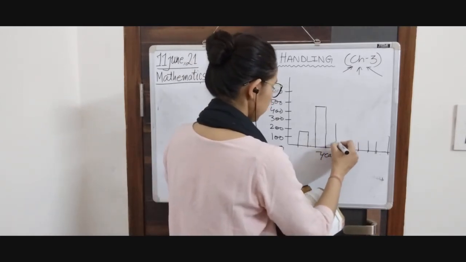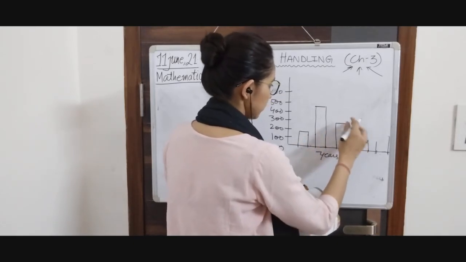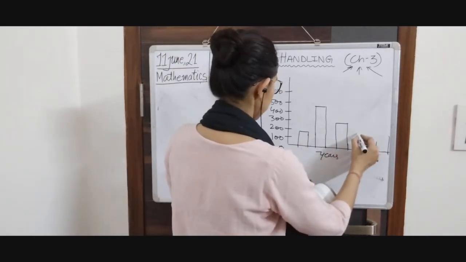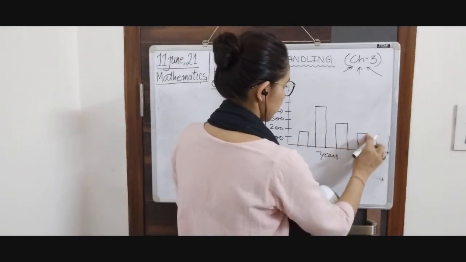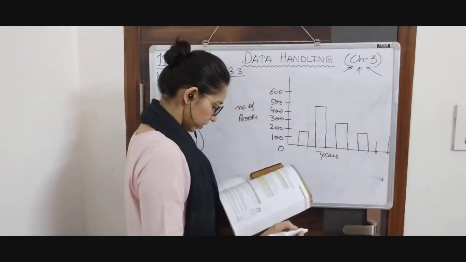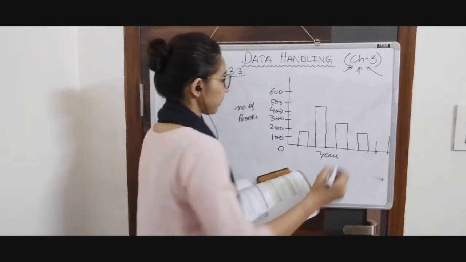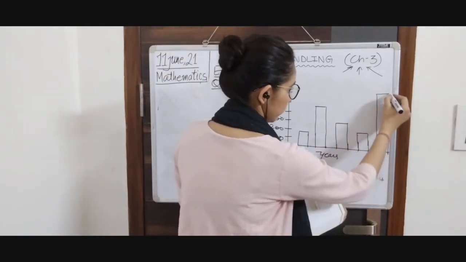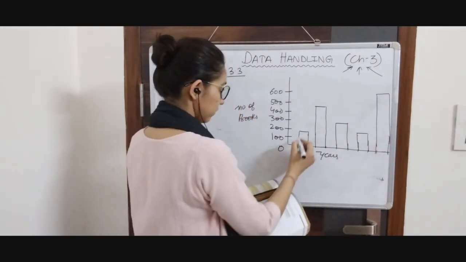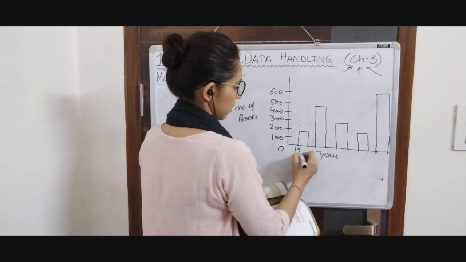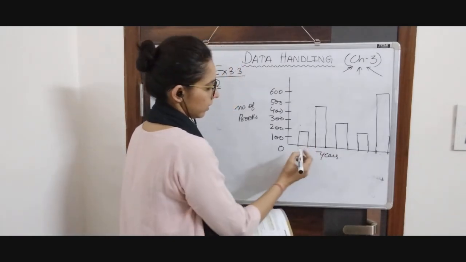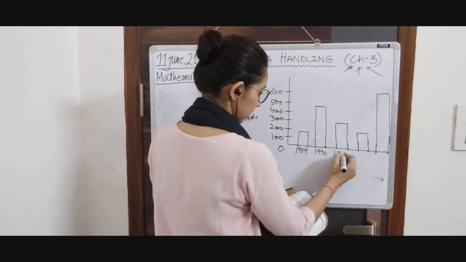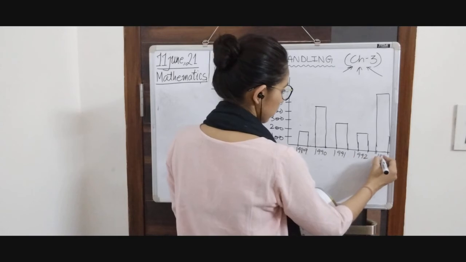In 91 it is approximately this much. 92 it is this much and 93 it is going to be this much. Years: 1989, 1990, 1991, 1992, 1993.